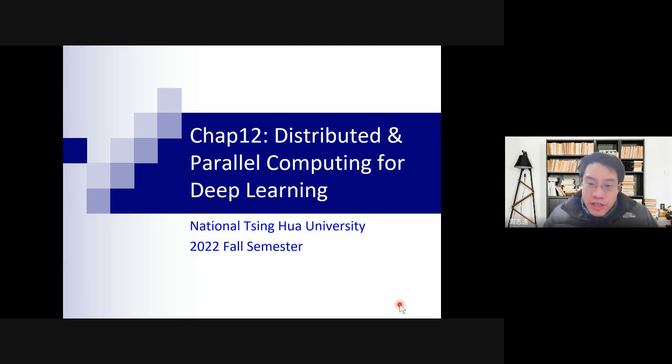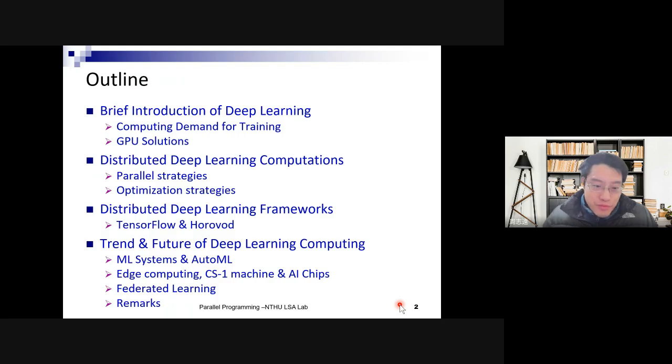Okay, so that knowledge is usually not covered by the traditional deep learning class, because those classes probably focus more on how you design and develop the deep learning model, right?